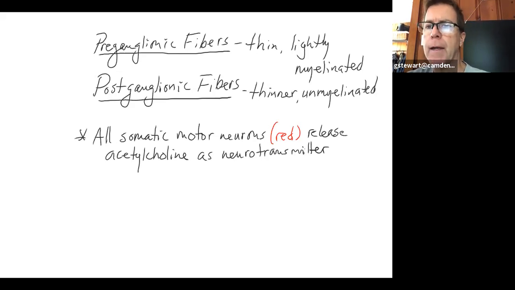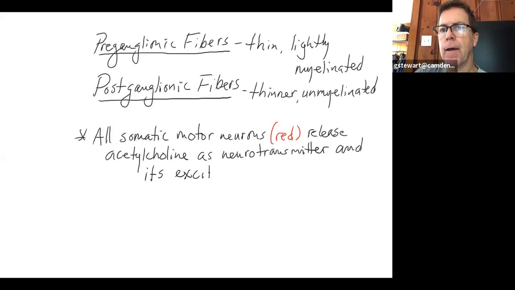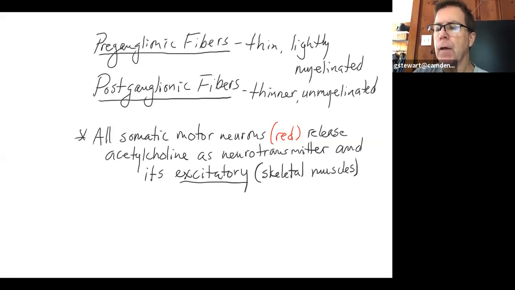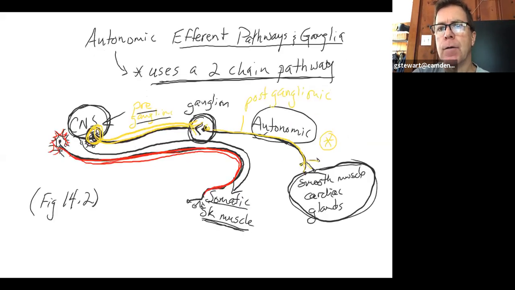So all somatic motor neurons release acetylcholine as neurotransmitter, and it's excitatory. And I'm going to write skeletal muscles. Jump back real fast. So all we said is this red pathway to skeletal muscles always uses acetylcholine when it innervates skeletal muscles, and it always excites them, causes them to depolarize and then contract.